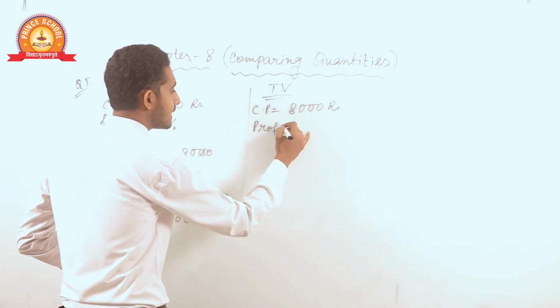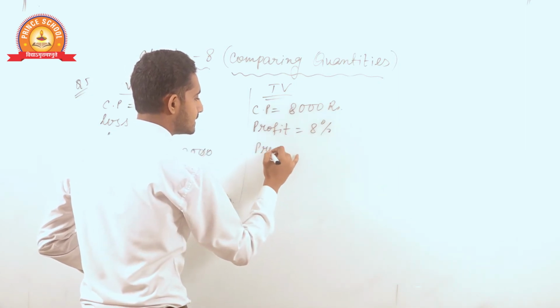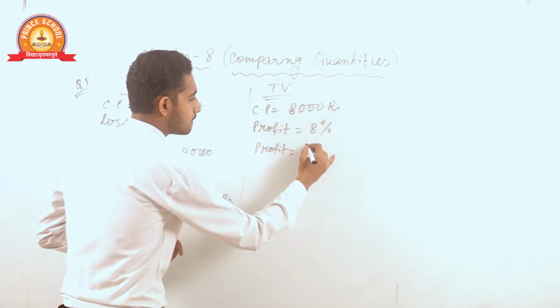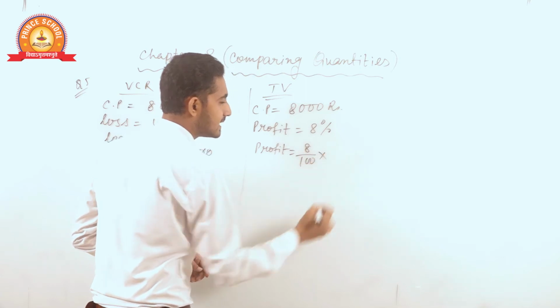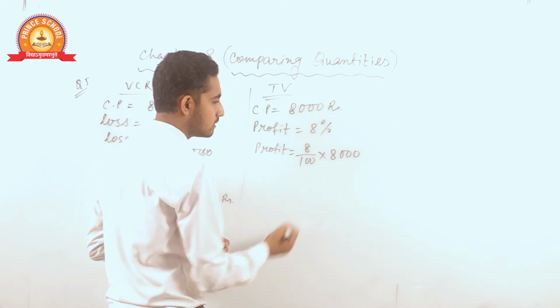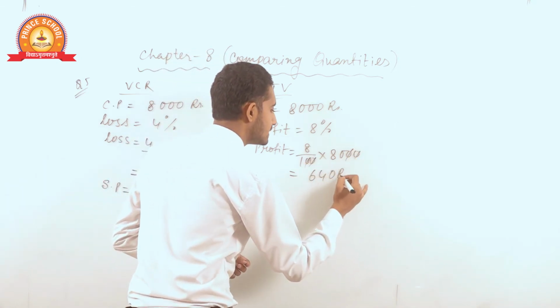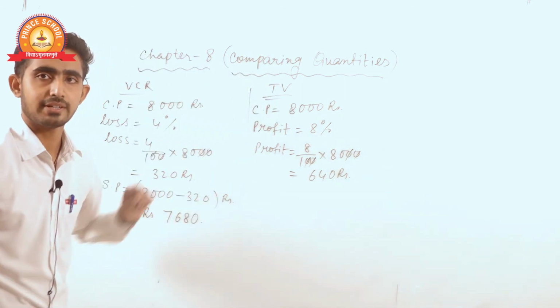So we can easily find out profit is equal to 8% multiplied by 8,000. 0, 0, 0, 0 cancel out. So 640 rupees. This is the amount of profit.